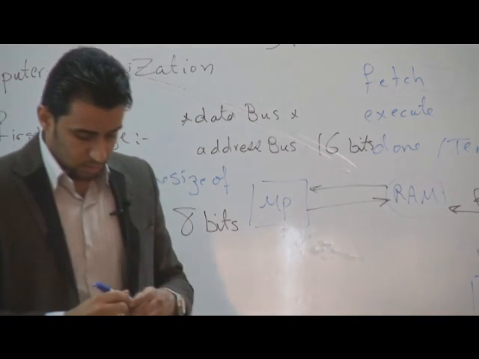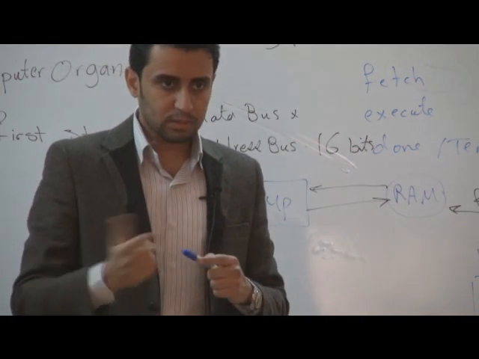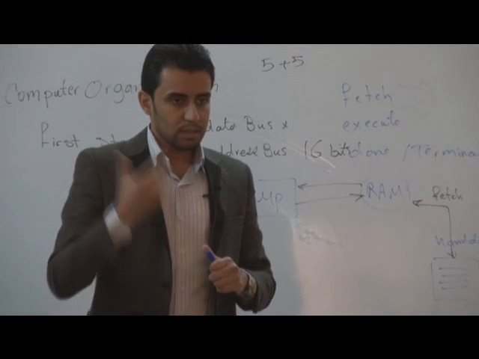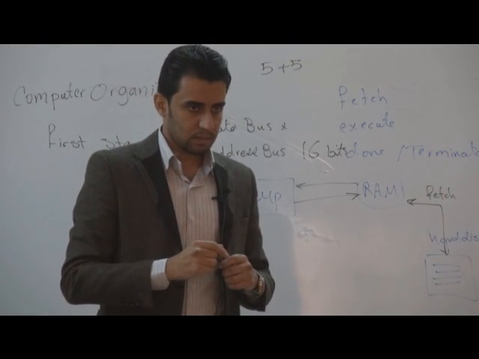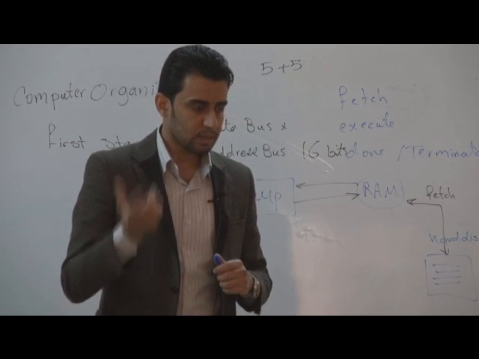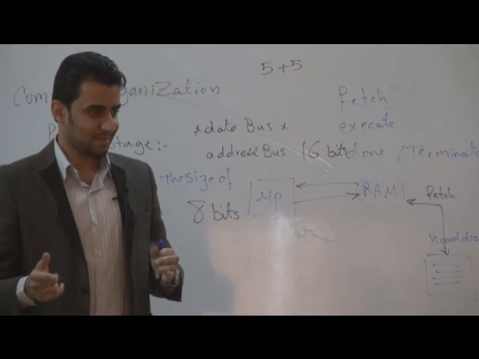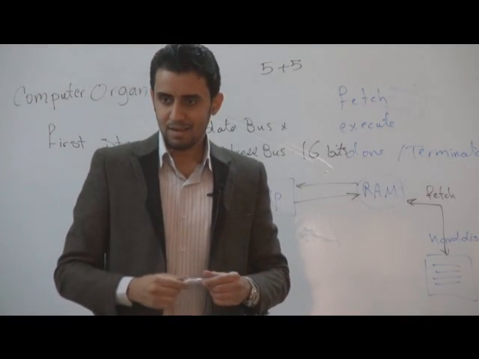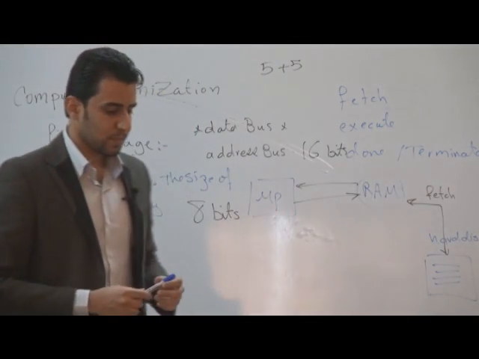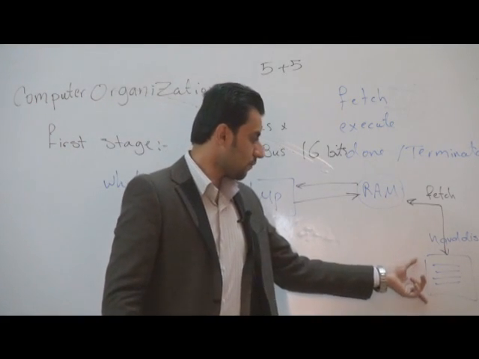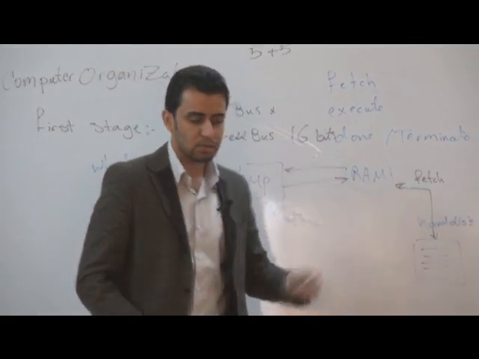Okay? So, what type of microprocessor deals with 16 bits? We say the microprocessor 8085. So, first thing, I want to fetch from hard disk to RAM to microprocessor.